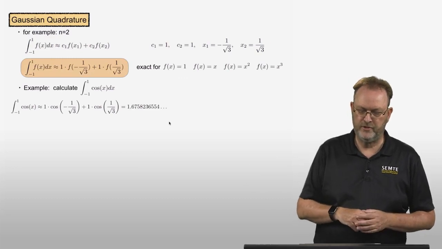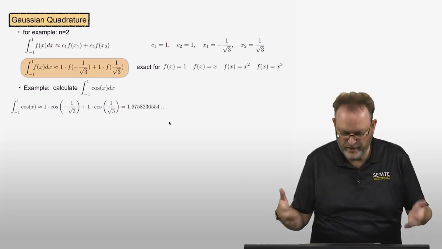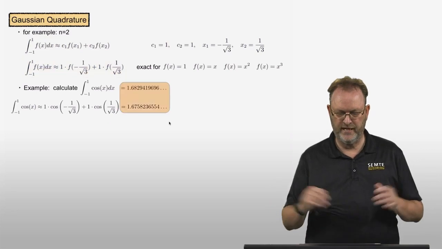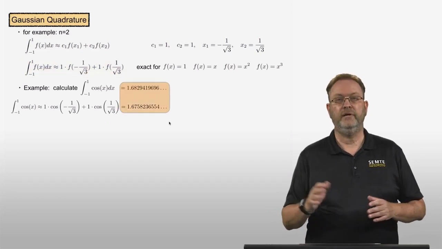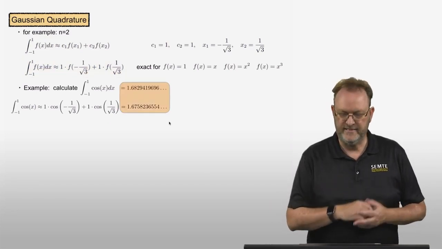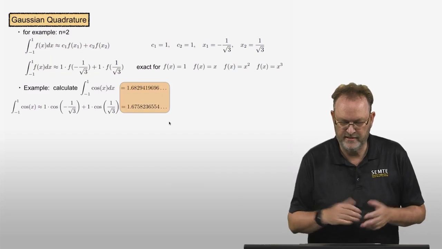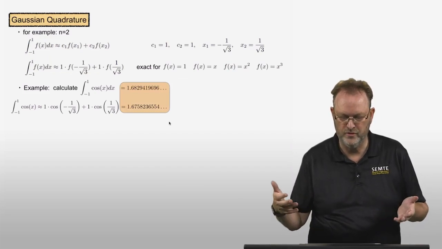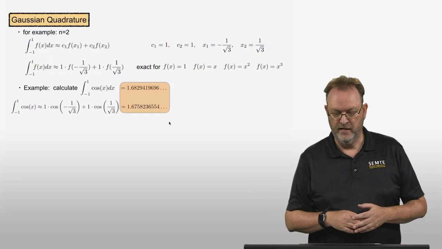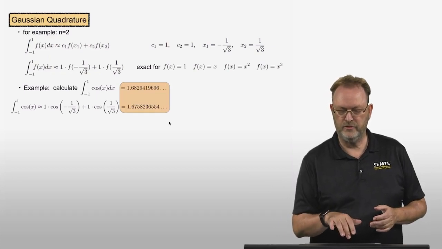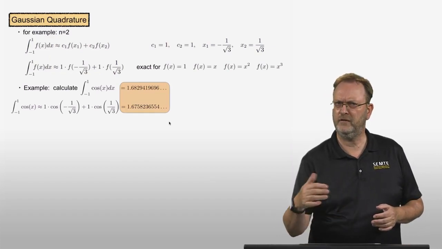If we plug these numbers in, we get 1.675823, and so on. Now, if we calculate the analytically exact answer, we'll find that this is 1.6829, and so on.